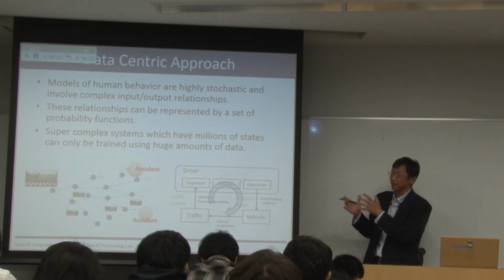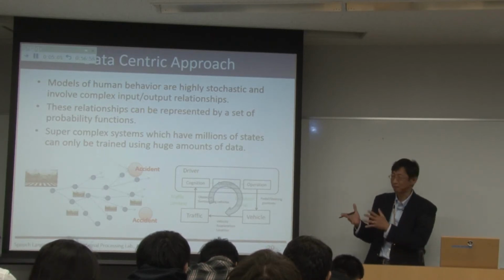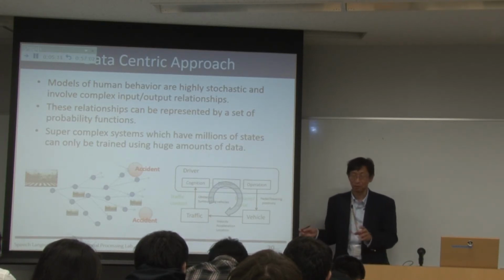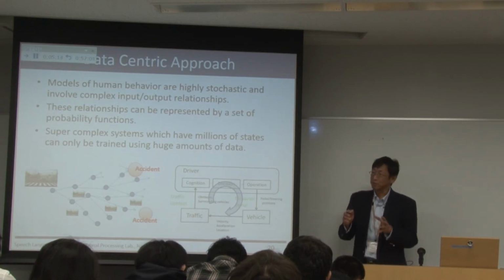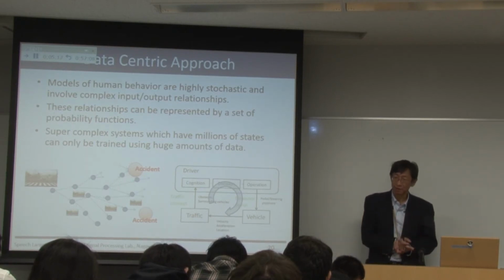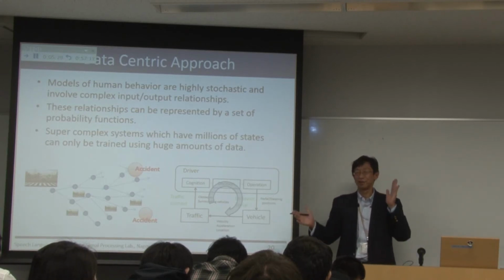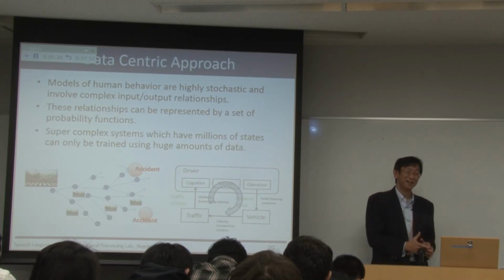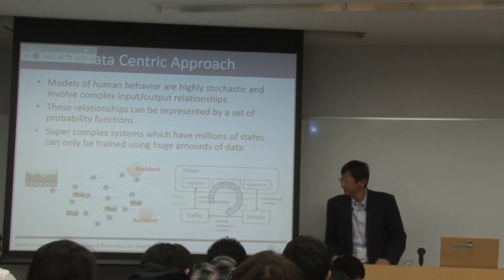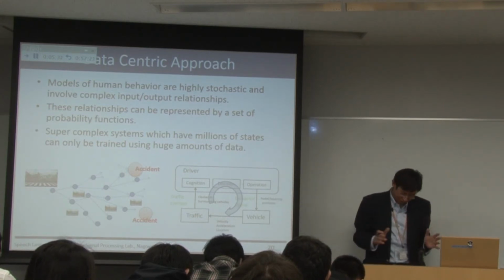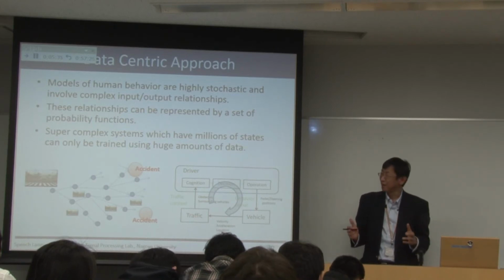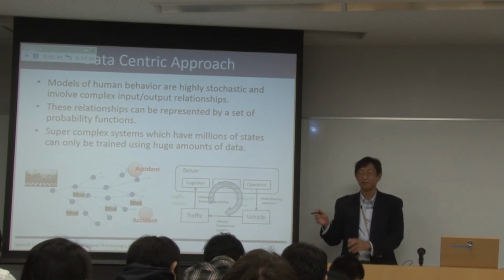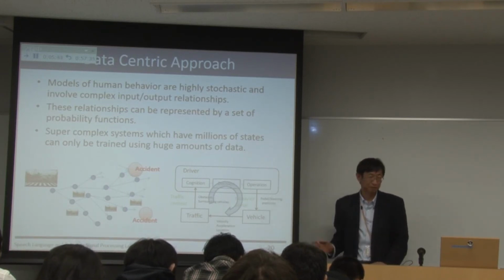Another way is to build a very sophisticated mathematical model which can represent almost all human behavior by a set of parameters, which can be tuned carefully by human manual operation. So I think there are two directions, and my direction is somehow close to Google's way. But this is a mathematical fundamental idea, and the real issue is the volume of data and how we can train this complex system.